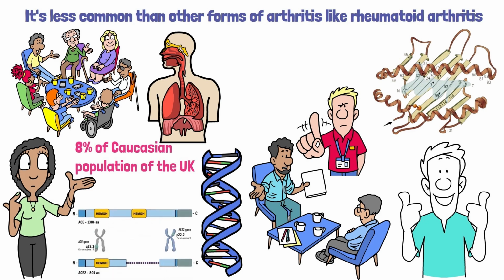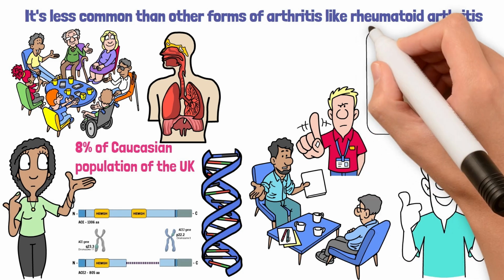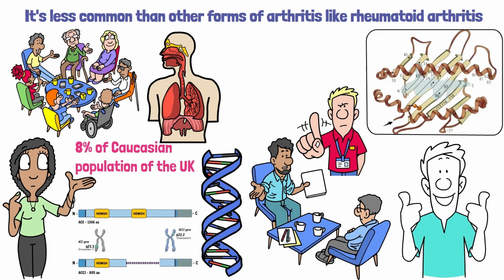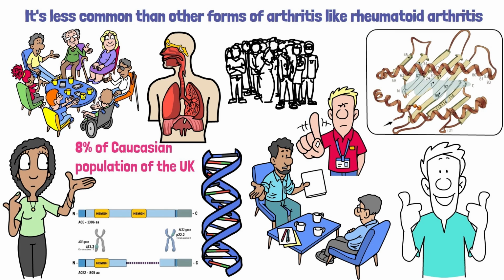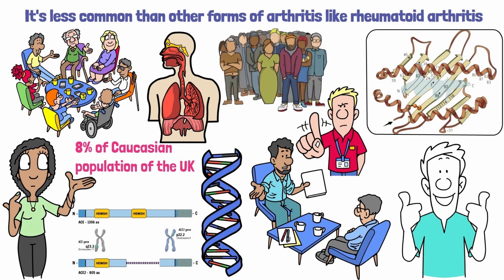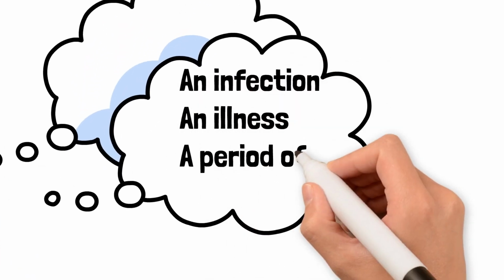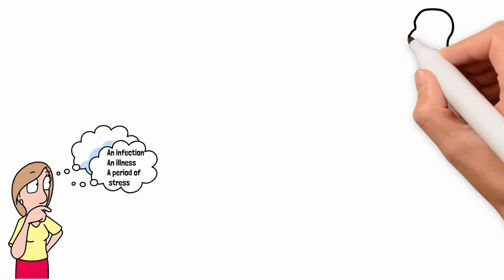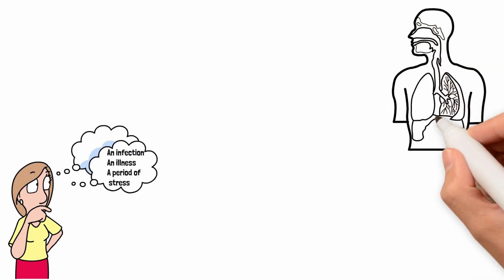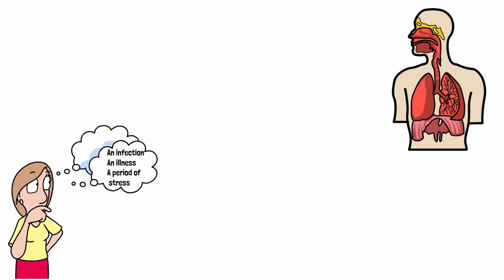While carrying this gene increases the risk of developing AS, it's important to note not everyone with HLA-B27 will develop the condition, and only about 1 in 15 people with that gene will go on to develop AS. Like many immune-related diseases, it's thought to be triggered by an event such as an infection, an illness, or a period of stress that prompts the immune system to mistakenly attack the body's own tissues, leading to that inflammation.